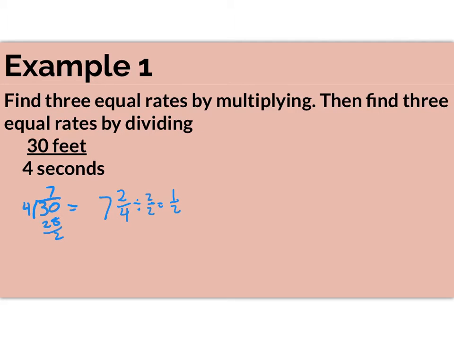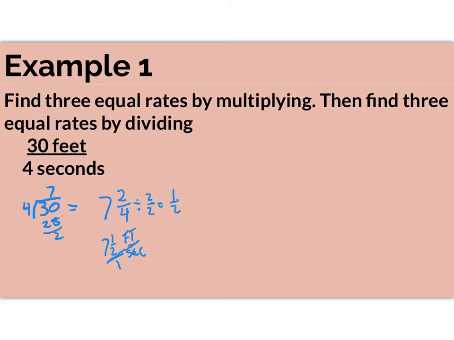And I get 1/2. So I get 7 and 1/2 feet per second. And here the unit would be seconds, and the number will be different from the unit. So that's 7.5 feet every 1 second if I made that one fraction.